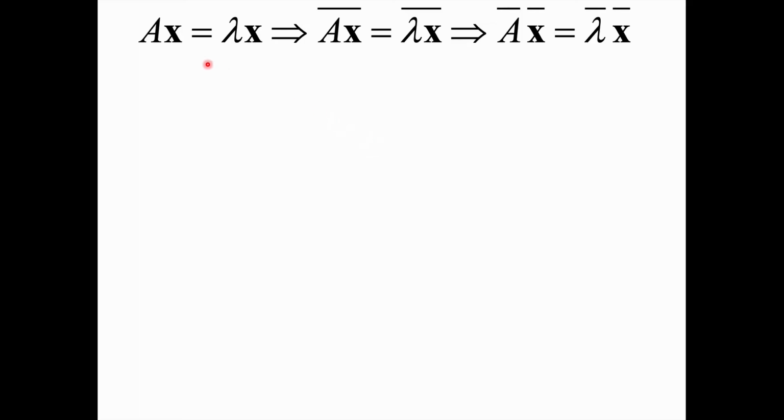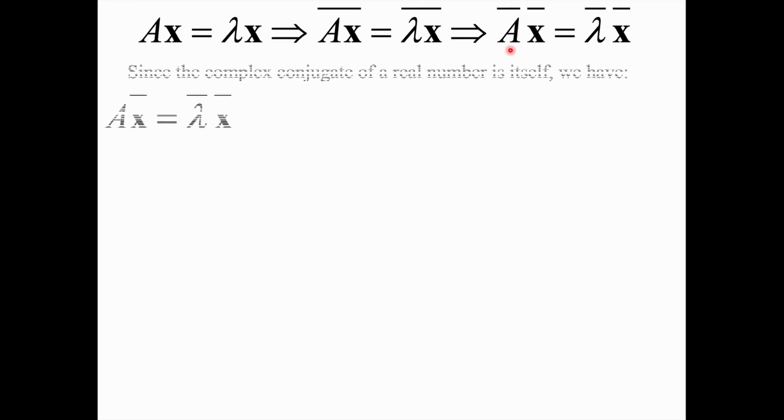So we know what eigenvectors are all about. A x equals lambda x. That means we have an eigenvector x associated with this eigenvalue lambda. But if we take the conjugate of both sides, we have A x bar equals lambda x bar, that means A bar x bar equals lambda bar x bar. But wait a second. Matrix A was made up of real entries, and the conjugate of a real number is just itself.